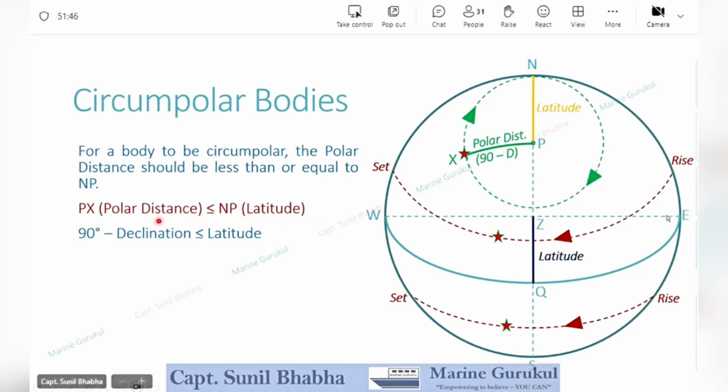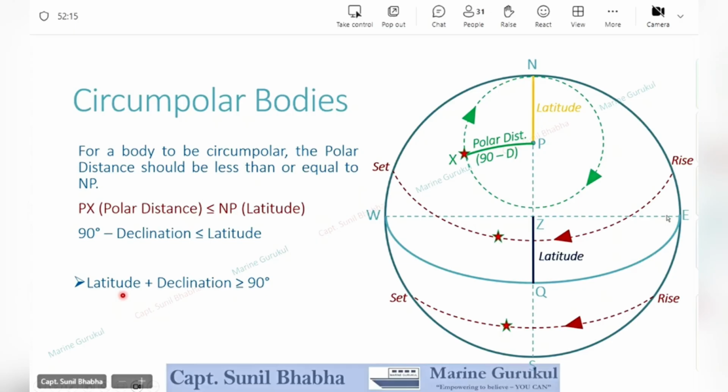Now polar distance is equal to 90 minus declination. So this converts the relationship into 90 minus declination should be less than or equal to the latitude of the observer. Now if I take declination to the other side, to the right hand side, the relationship becomes latitude plus declination should be greater than or equal to 90 degrees.